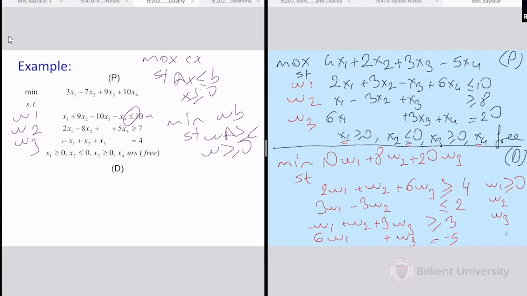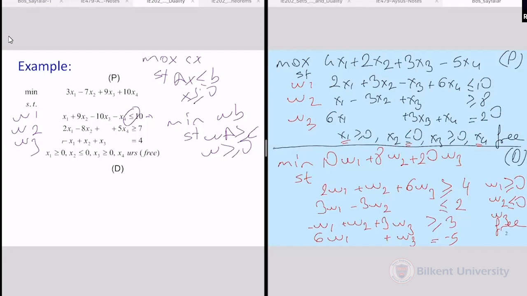Second constraint is greater than or equal to for a maximization problem. It's reverse, so W2 should be reverse. W3 corresponds to an equality constraint, and for an equality constraint, my variable should be free. Clear? Any questions? If you have any questions in taking the dual and its machinery, you have to ask. Otherwise, I'm switching to duality theorems.